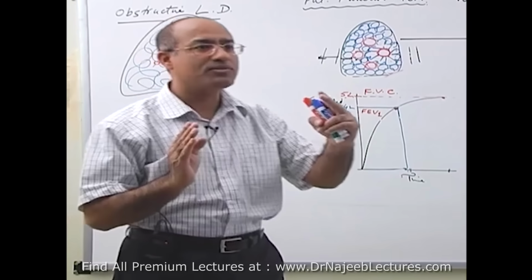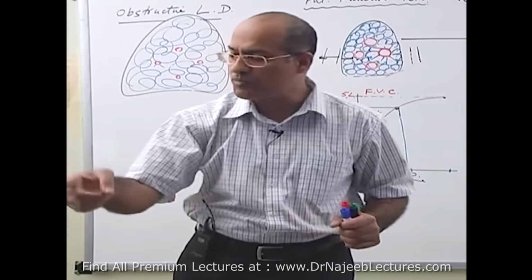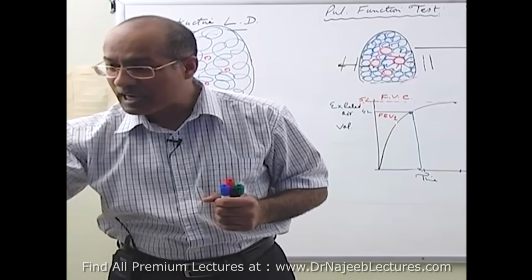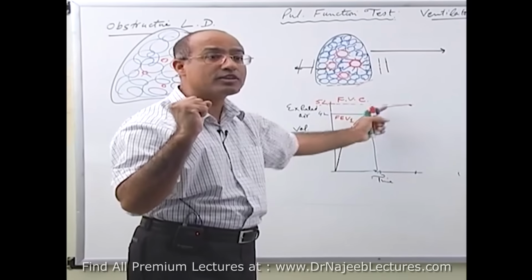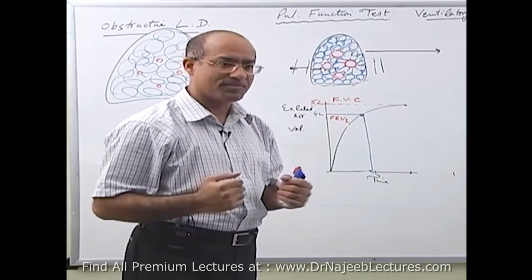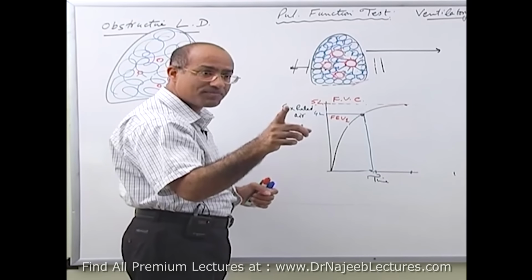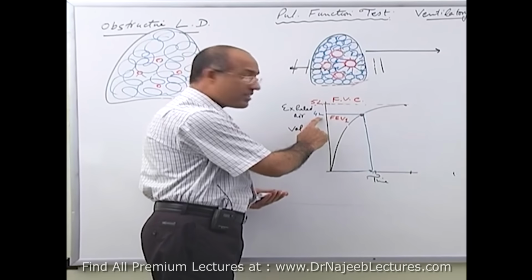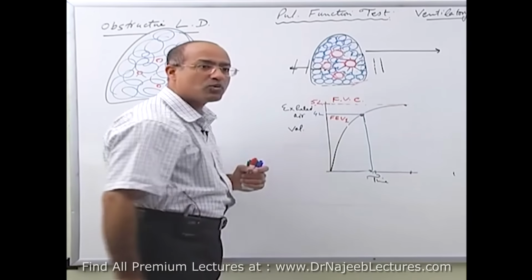The fraction of forced vital capacity which is released during the first second depends mainly on what factor? Airway caliber. If airways are very narrow, then during the first second, a smaller fraction of the air will come out, right? In a normal person, in a healthy lung, when airways are really okay, almost 80% of the forced vital capacity is expelled out during the first second.